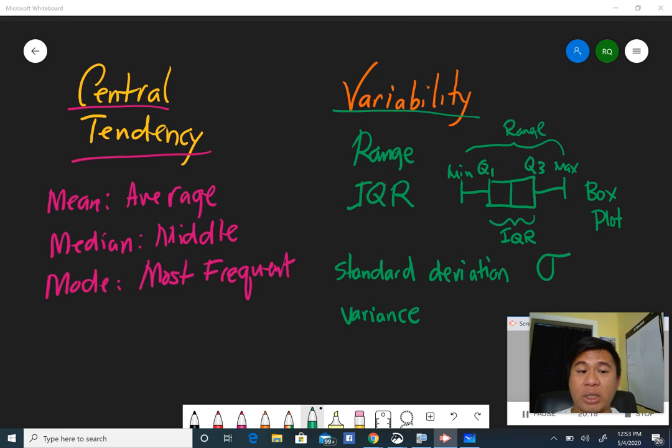Once again, for this topic, we have focused on comparing either central tendency or variability or both for different data sets. We have done TI-84 computations and also Desmos computations, but you are free to use any calculator or online calculating device that you have. But certainly our focus is on comparing the measures of central tendency or variability.